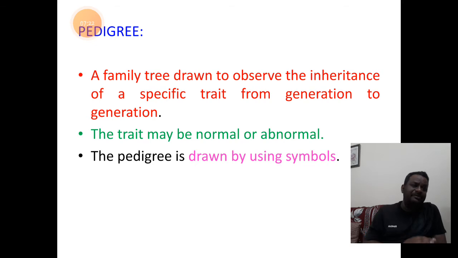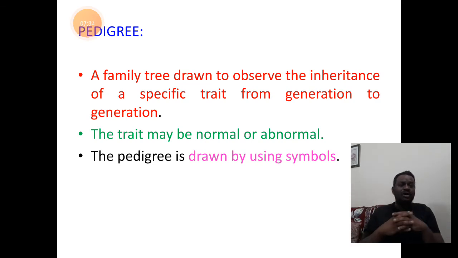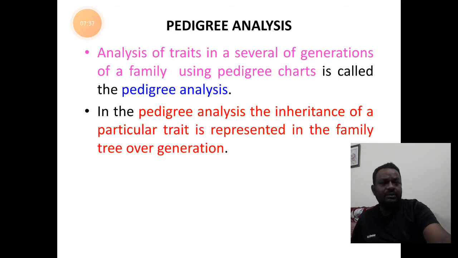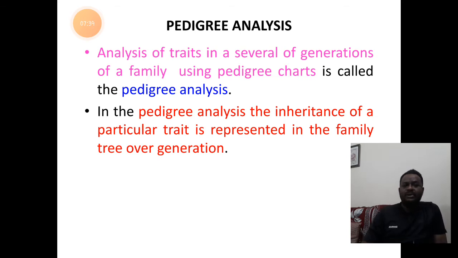The trait that we consider for pedigree could be either normal or abnormal. Remember students, this pedigree family tree is drawn by using certain symbols. So, the analysis of pedigree refers to analysis of the traits in several generations of a particular family by using the pedigree charts.